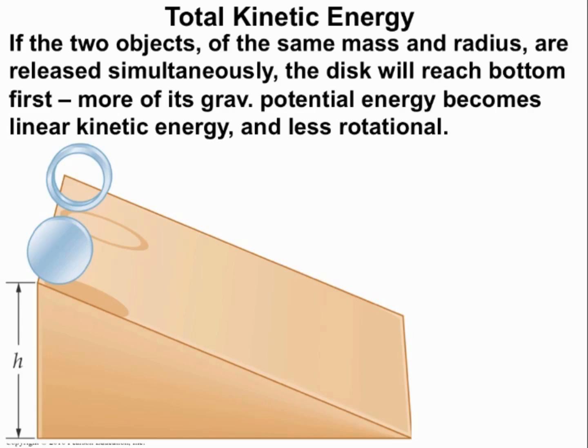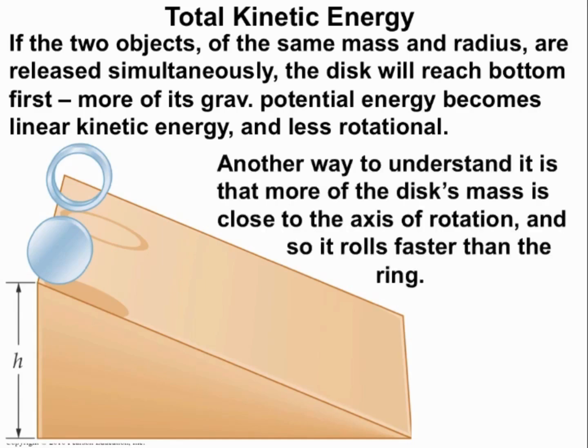And so you can either look at the table or recall some of the earlier sketches, but the ring, or hoop, whatever you want to call it, is actually going to have a greater moment of inertia because more of the mass is concentrated far from the axis of rotation, whereas with a disk, more of the mass is found close to the axis of rotation, so it's easier to roll.